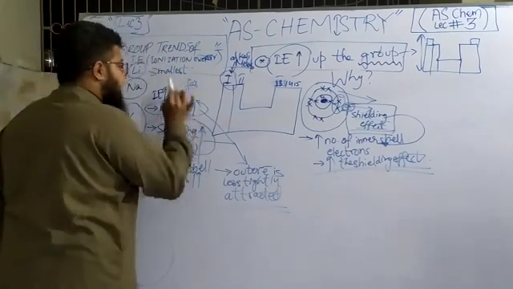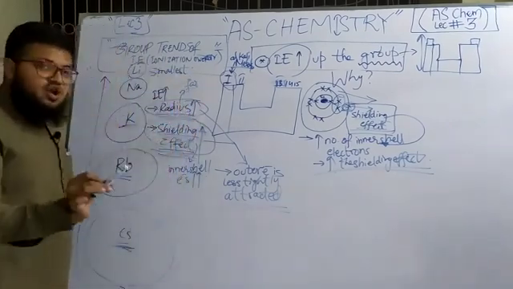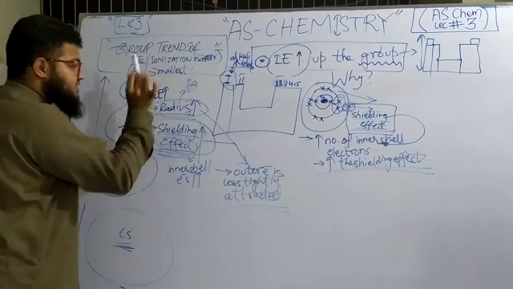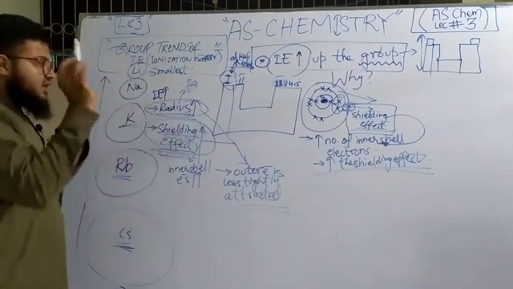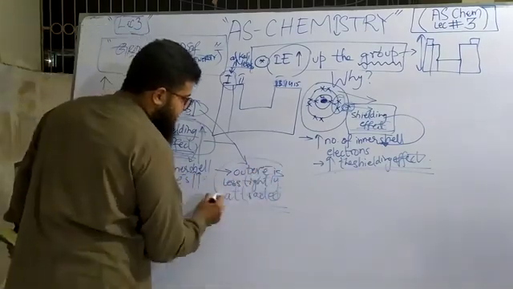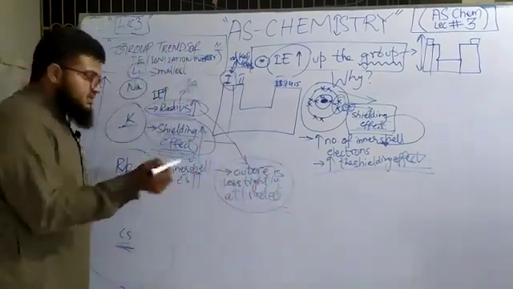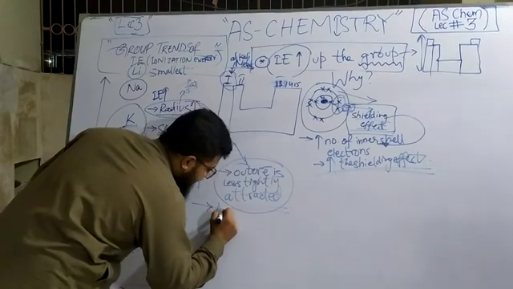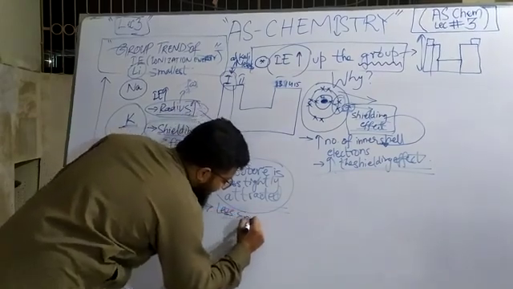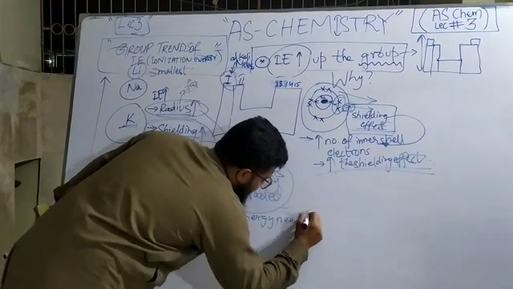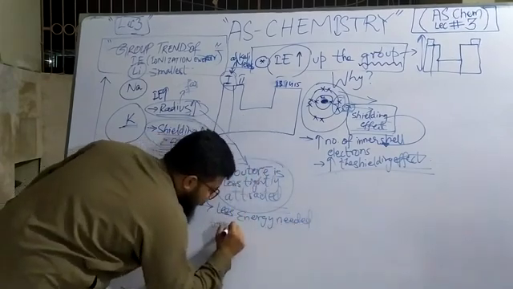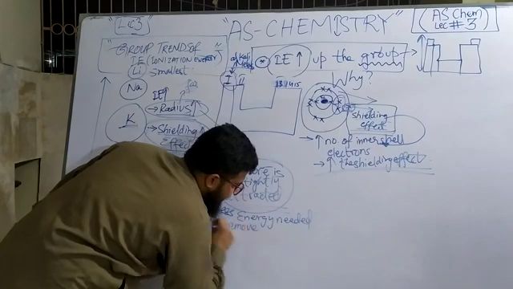So if the pull on the outer electron decreases due to the shielding effect and the large radius, then it becomes less tightly attracted to the nucleus, which means less energy would be needed to remove the outer electron from the atom.